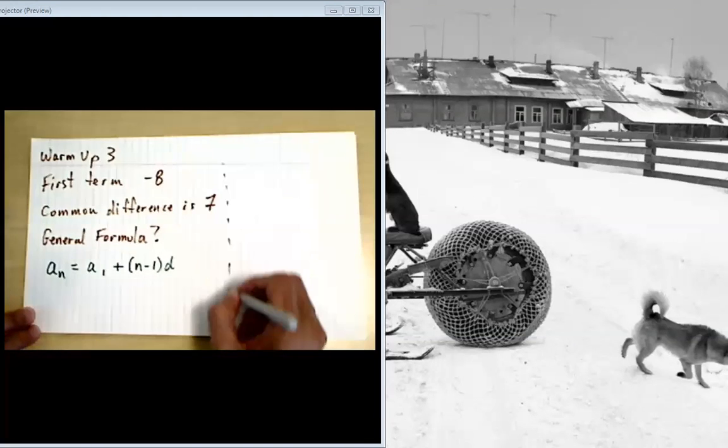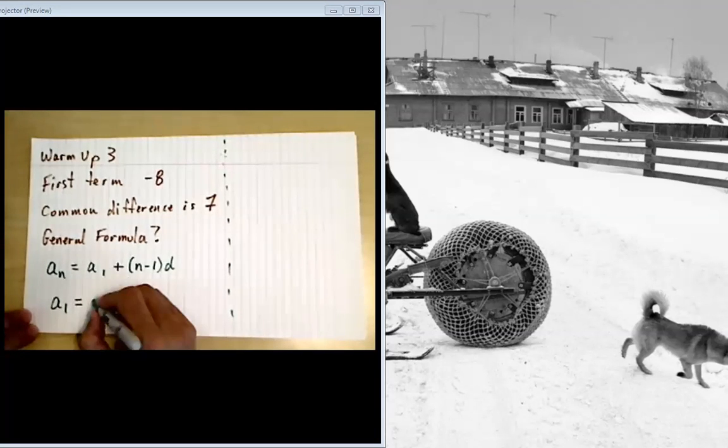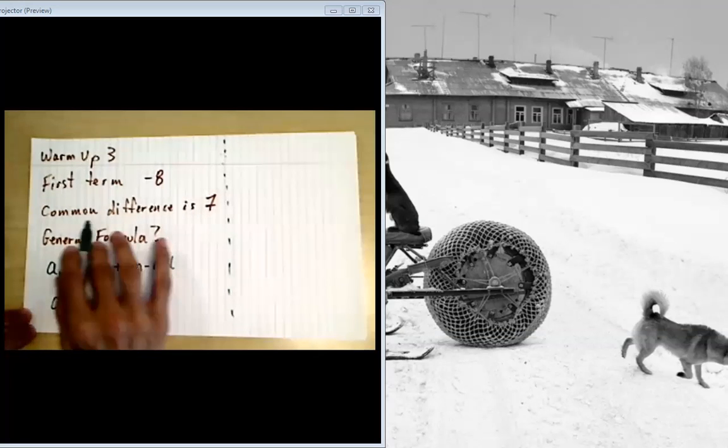I want to know the A 1. The first term, A 1, is minus 8 for sure. What's the symbol for the common difference?